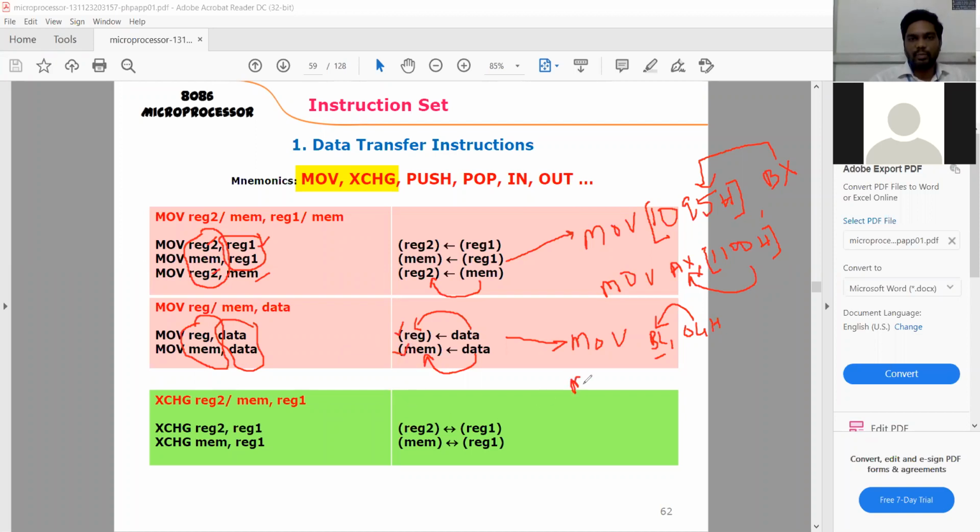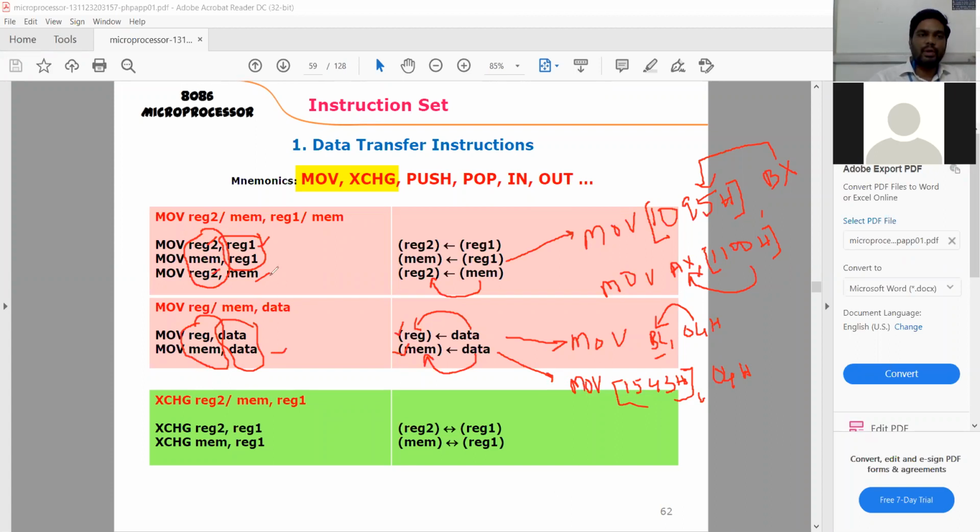The example for this could be move 1543H, which is the memory location, comma 04H, which is the data. In this manner we can write this instruction.